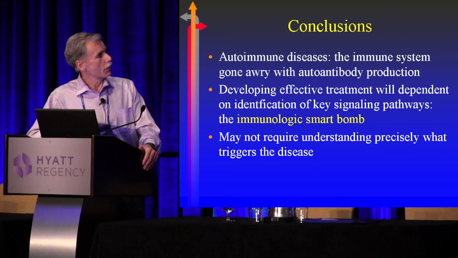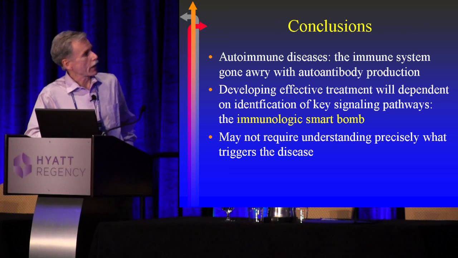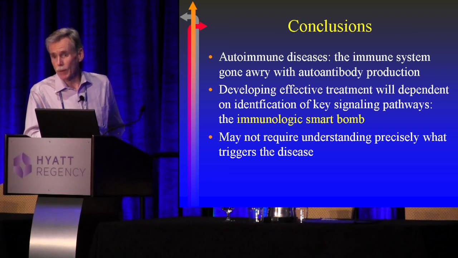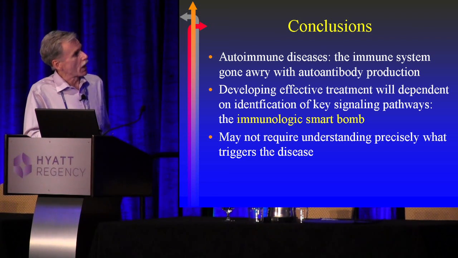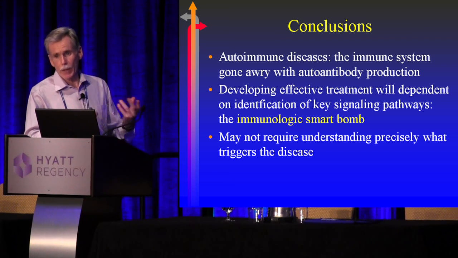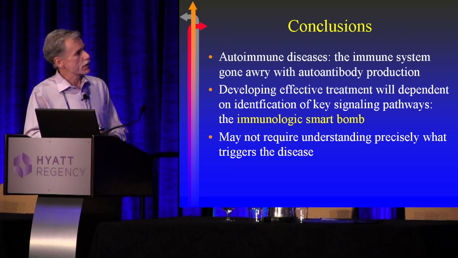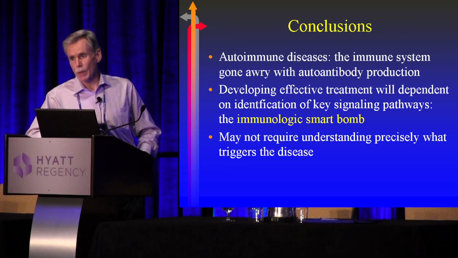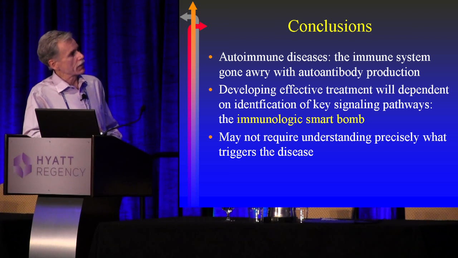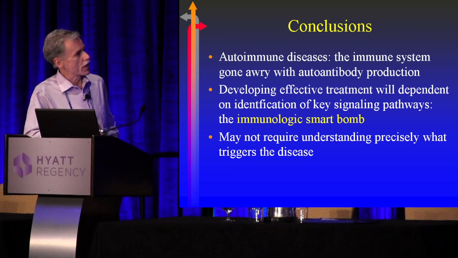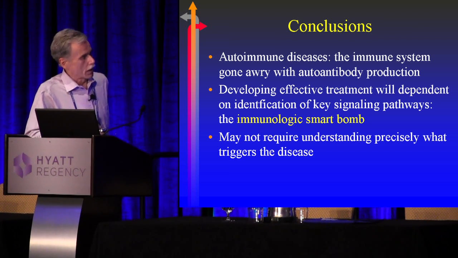So again, to conclude, autoimmune diseases are characterized by an immune system that's gone berserk or awry, with the production of excessive quantities of autoantibodies that produce this immunologic cascade or soup or stew, if you will, that leads to chaos in the immune system and downstream damage and eventually clinical signs and symptoms.